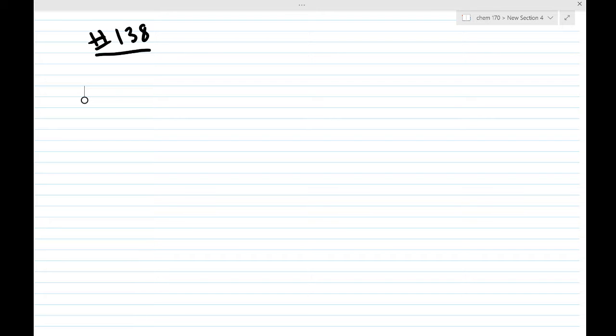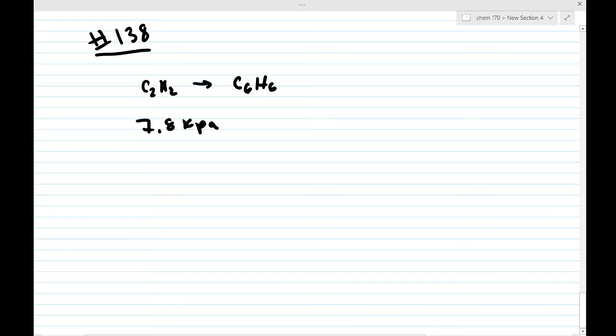Okay, so the problem is basically setting us up with the knowledge that C2H2 decomposes into C6H6. It tells us that it starts out at 7.8 kilopascals of pressure in the initial container that the C2H2 is held at. So initially, the only thing in the container is C2H2.